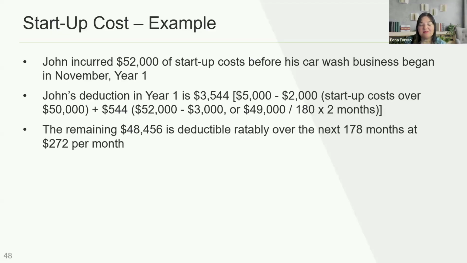One key note I want to mention before we start that example is that if the taxpayer fails to go into business, those already incurred business expenses fall into one of two categories: costs incurred before making the decision to enter the business are personal and non-deductible. They include any costs incurred in the course of that business search, right?